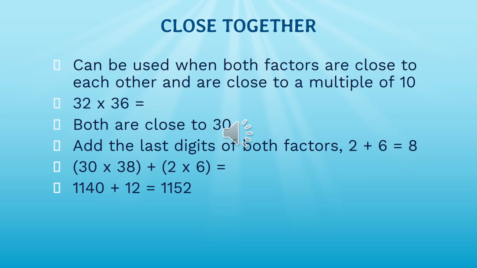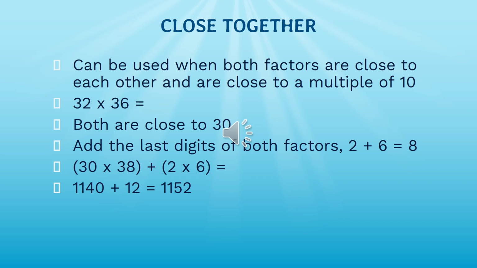Okay, to show that, I have here an example. 32 times 36. Now both 32 and 36 are close to 30, which is a multiple of 10. Now to proceed with this technique, I need to know which multiple of 10 these two factors are near. Now I decide that they are close to 30.